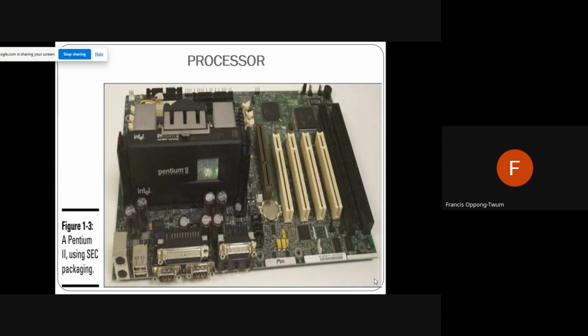We have moved away from the Pentium era to the i series. So we are no longer using that socket, the one the Pentium 2 used with the SEC packaging. Back in those days we were using it. So this is a typical motherboard from the old days that was using a Pentium 2 with the SEC packaging. So that is that for you.